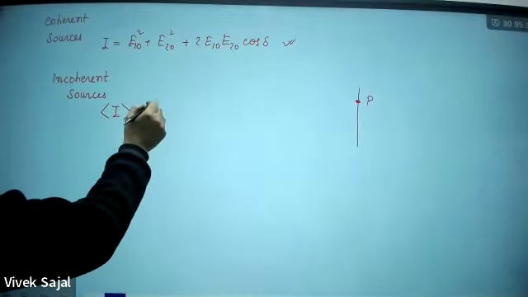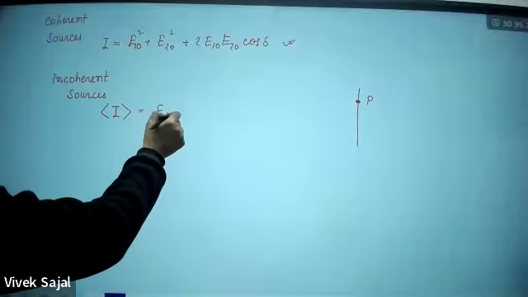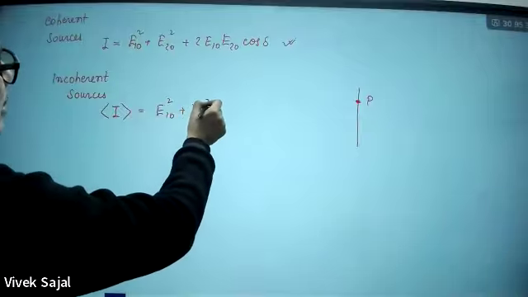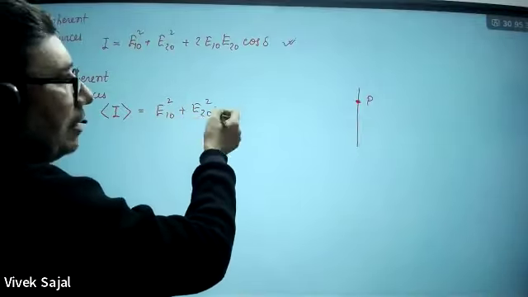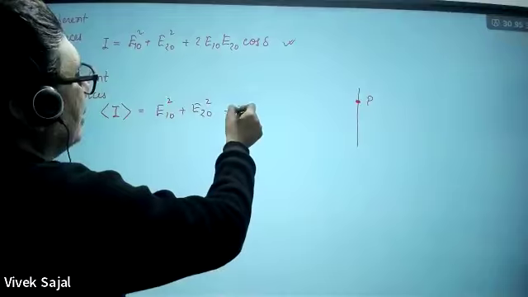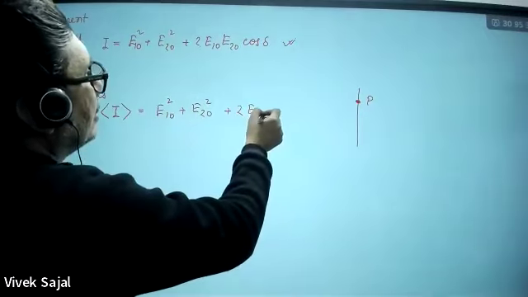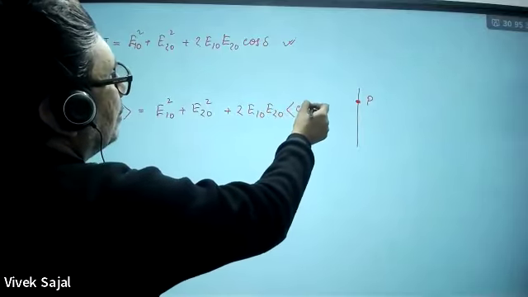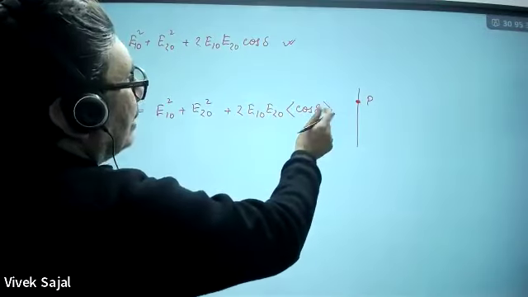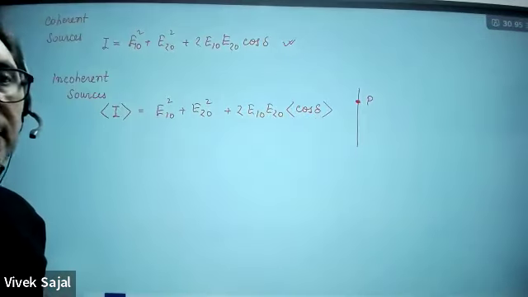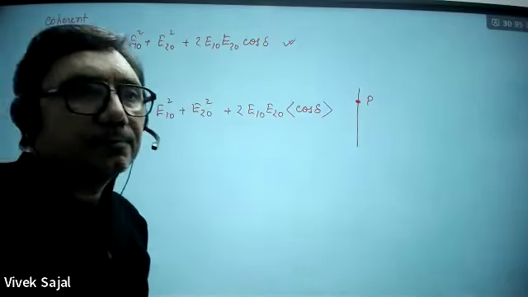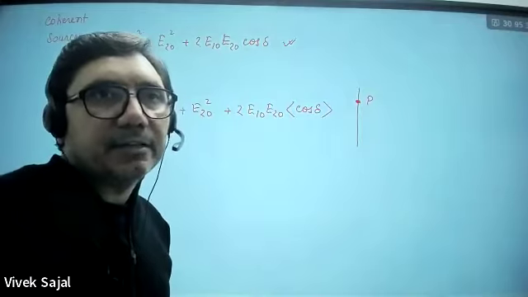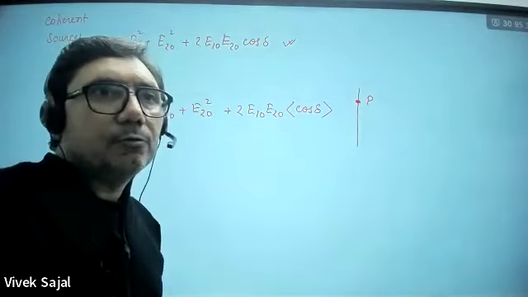Try to understand, these two are constant terms: E1 naught square plus E2 naught square. If you take the average values, they will come as it is. And this is variable, this will be cos delta. If you look at one cycle, this cos delta averages to 0. The average value of cos delta is 0 for one complete cycle of the phase from 0 to 2 pi.